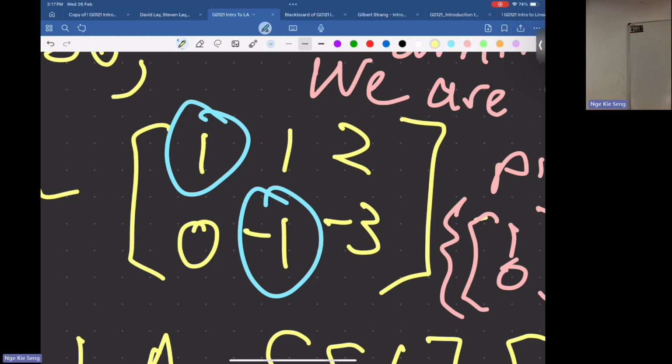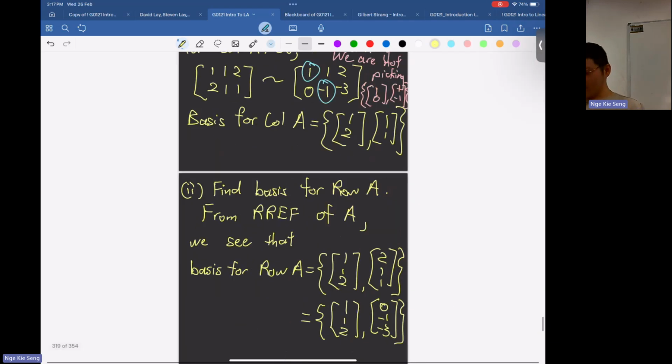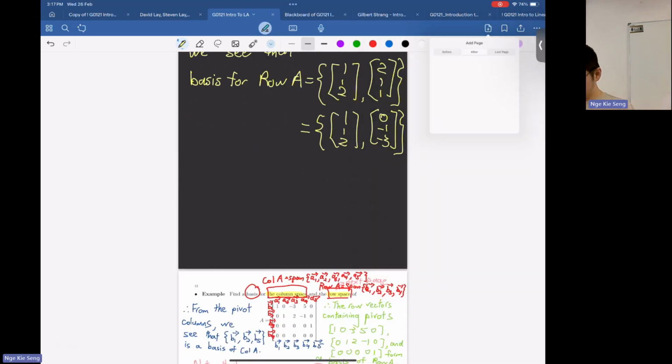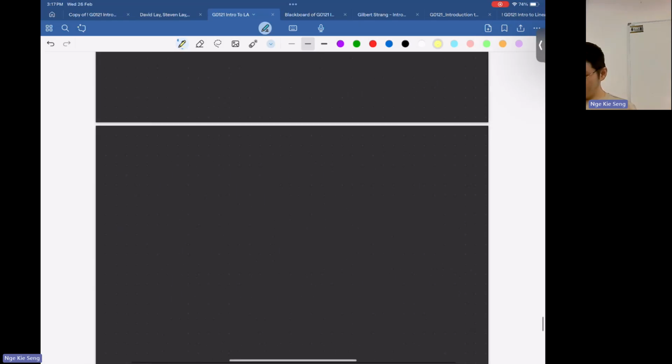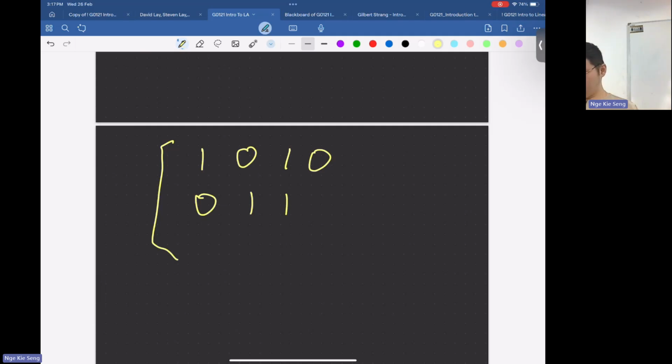Can you imagine? Maybe this one is a bit small. Let me give you a bigger picture. So 1, 0, 1, 0, 0, 1, 1, 1, and then maybe 0, 0, 2, 1, like that.